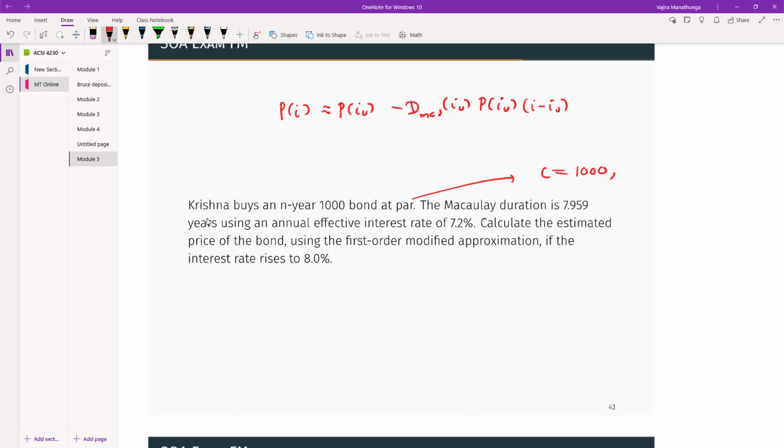You can check why it's 1,000. So P(i naught) is going to be 1,000. And the modified duration we need to calculate. That's the Macaulay duration 7.959 divided by 1.072, and it's going to give you 7.4244.